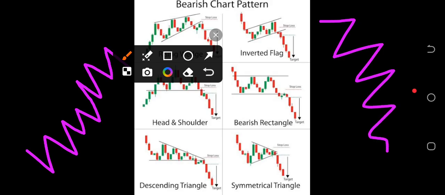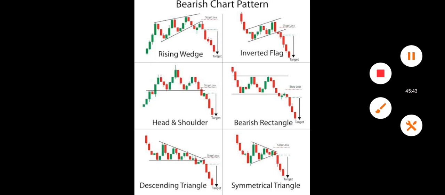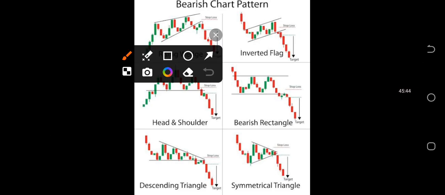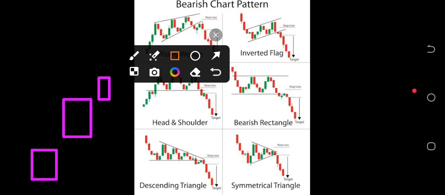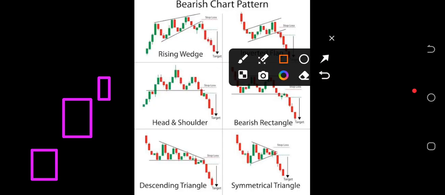So let's say as the market is going up like this, you now see a slight move in the market like this. You see something like this, the market ranges within a particular period.